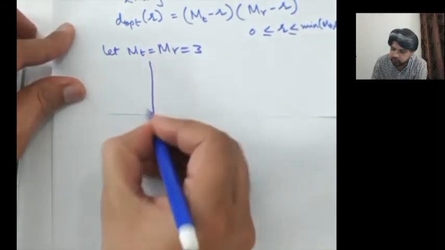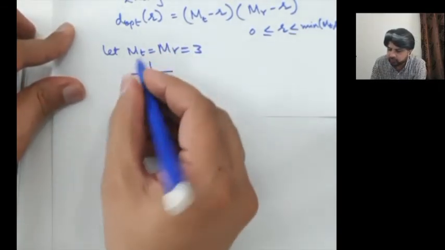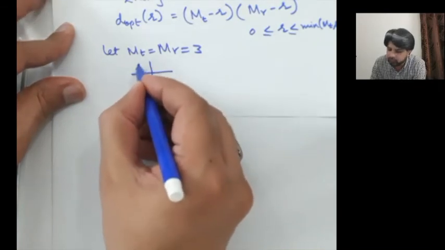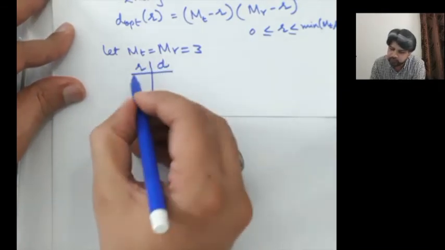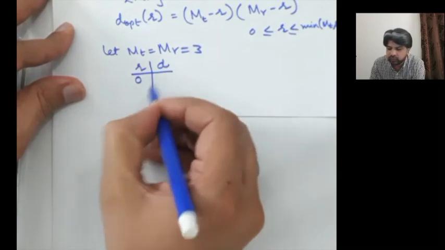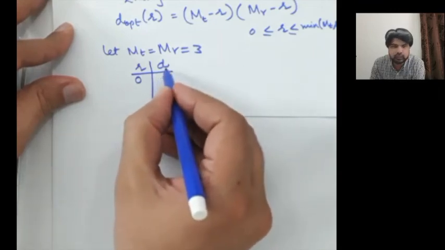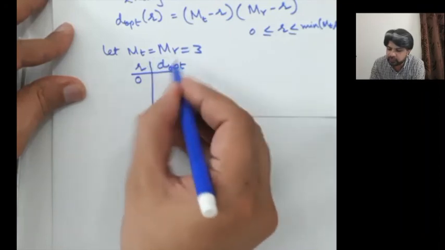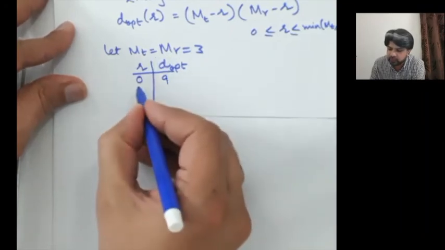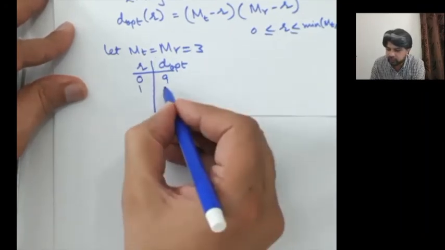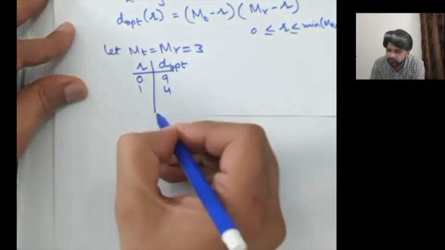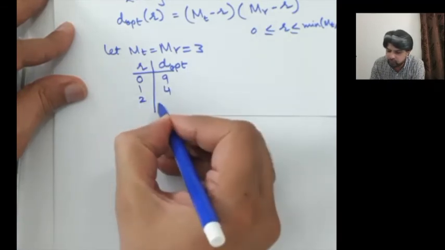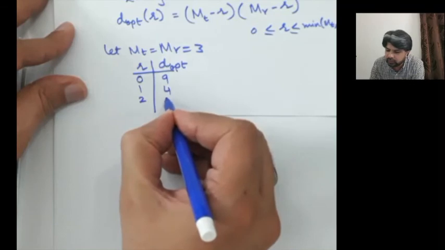And if you want to build a table of R and D, right? If R is equal to 0, then you would get the maximum diversity gain. That would be 3 times 3, which equals 9. If R is 1, then you would get a D of 4. If R is 2, then you would get a D of 1.